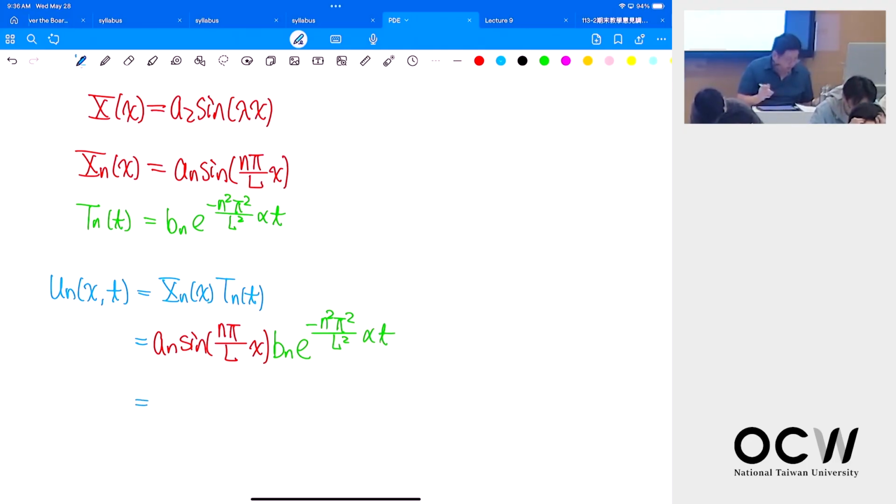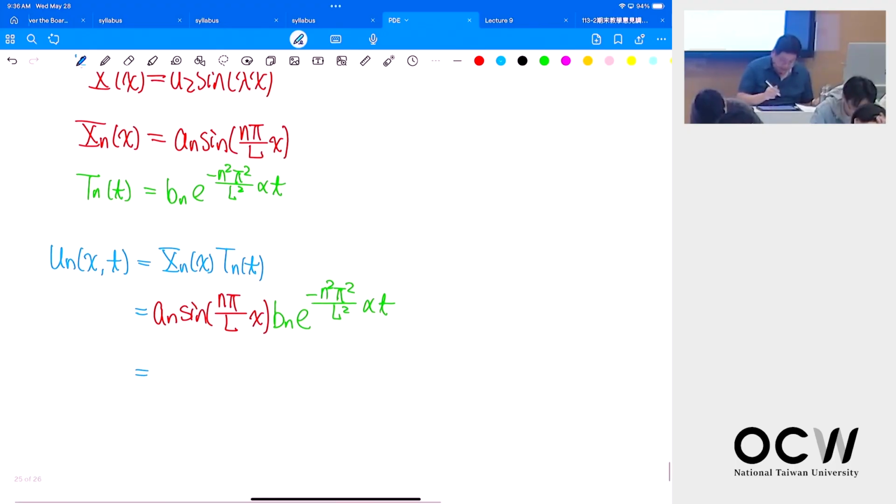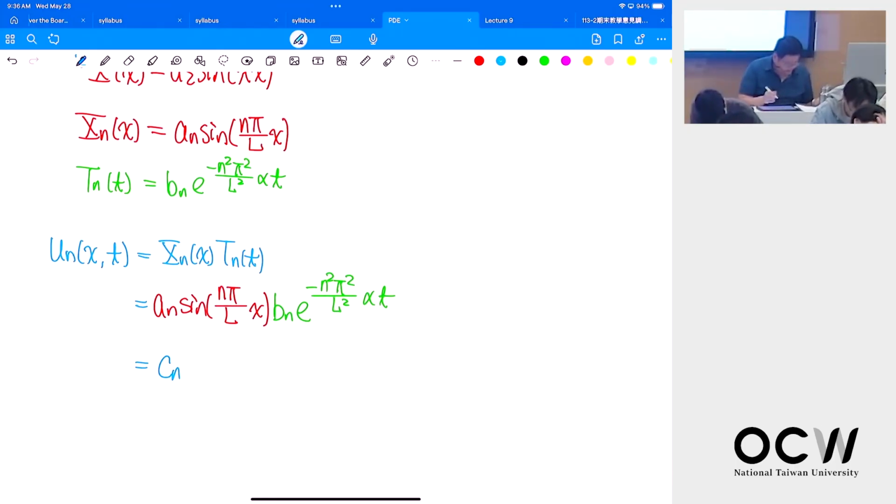You can combine the coefficients An and Bn, so you get Cn sine n pi over L x times exponential minus n squared pi squared over L squared alpha t. And then your n is from 1 to infinity.